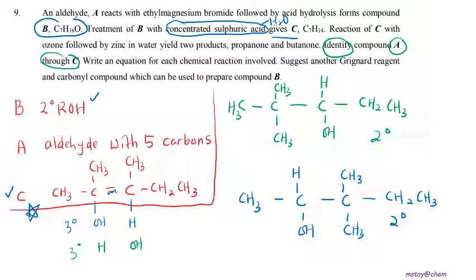However, which one is the correct structure? Don't forget that we already identified that A is an aldehyde consisting of 5 carbon. Roughly, to get the idea: if we break the double bond, the carbon here must be 5 carbon and then another 2 carbon is from the ethyl magnesium bromide.